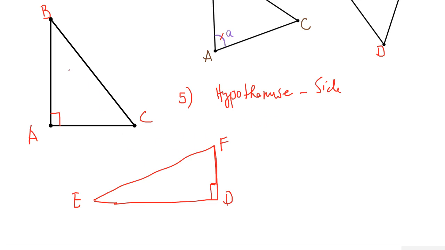If these hypotenuses are equal, and these sides are equal, then I can say that these two triangles are congruent. They are not similar, but they are exactly a copy of each other.